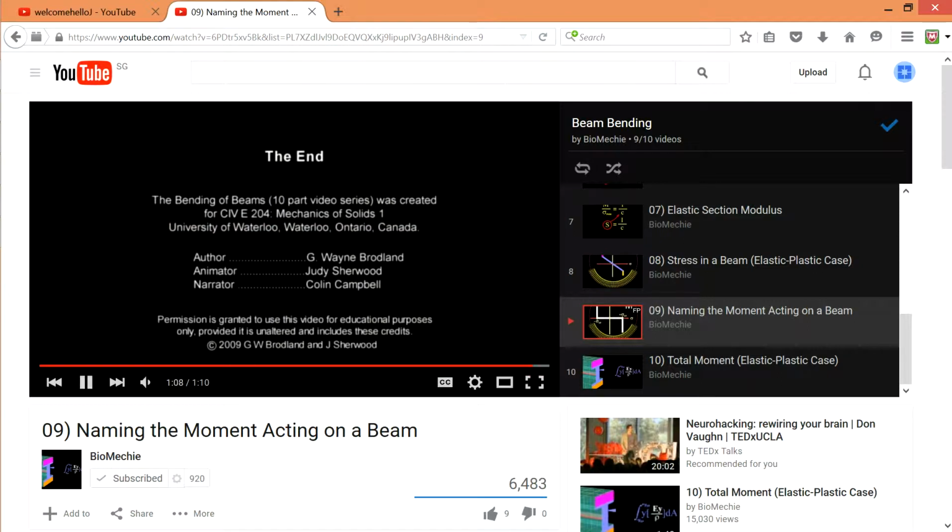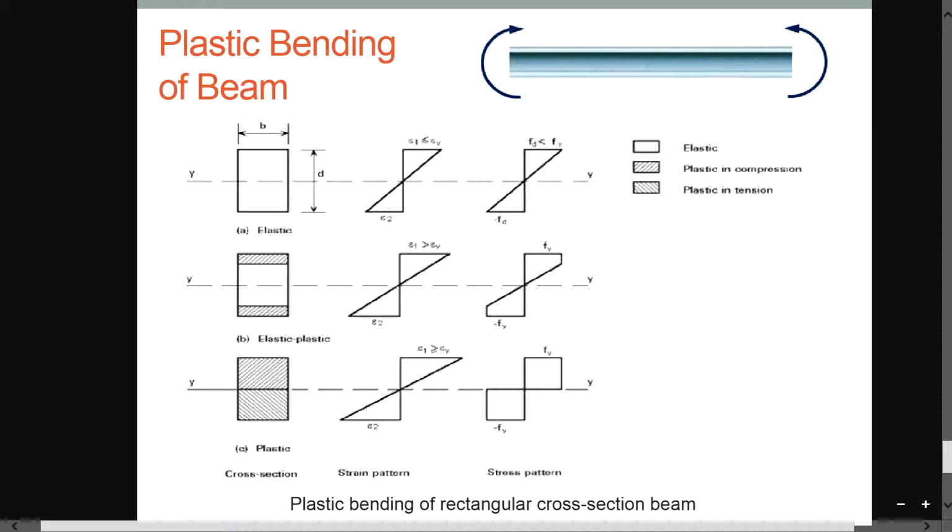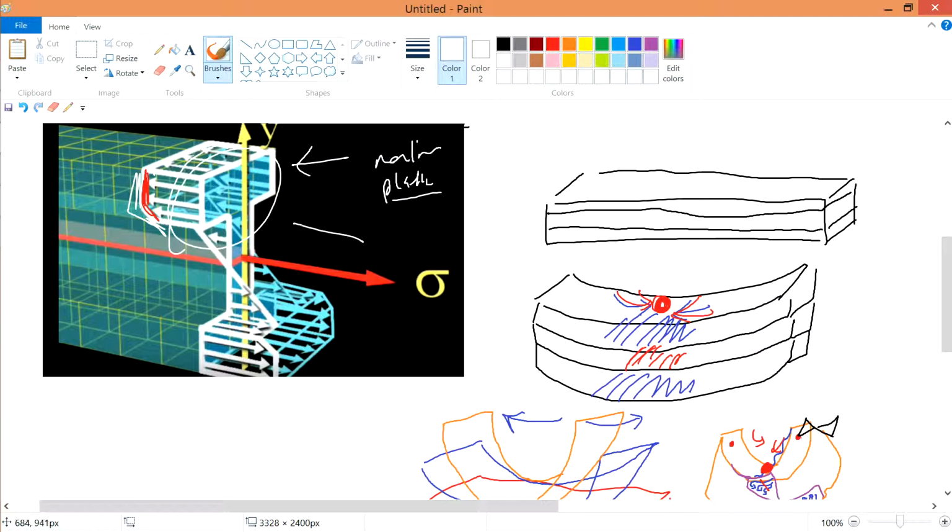Alright, and therefore this will actually talk about this page over here. So this page is maybe the elastic region, and this is the elastic-plastic region that we have discussed just now. If we go into this view, what you can see is something like this.